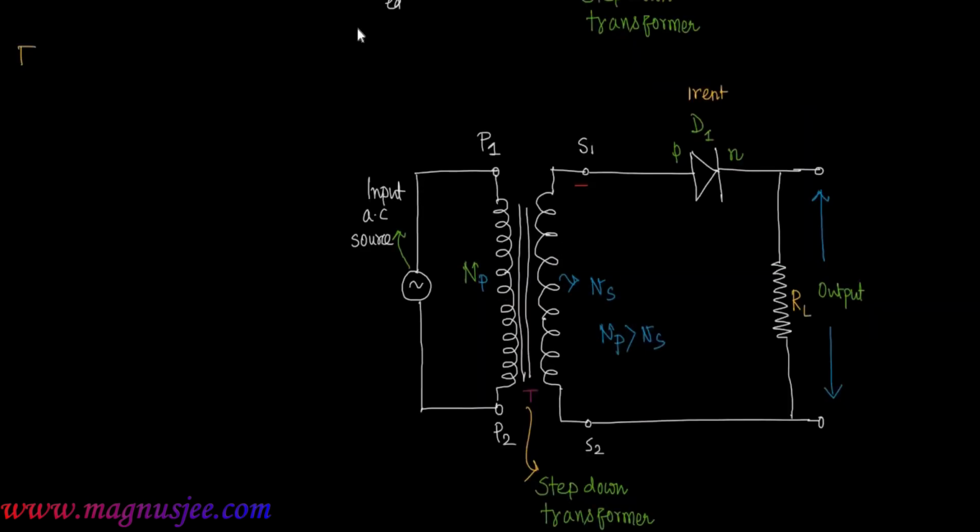Now we can explain what happens during the negative half cycle at the input.